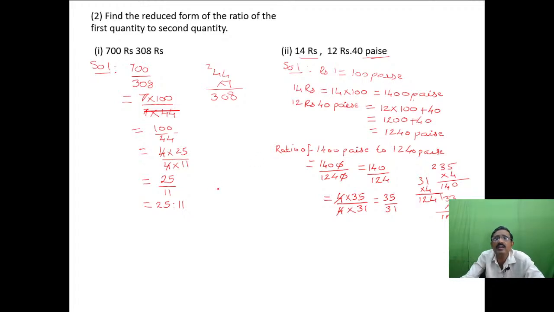Check whether we can reduce it further. If we can reduce it further, we will reduce it. But 5 7s are 35, 5 6s are 30, or the 7 times table, it will not go. So we get the reduced quantity as 35 is to 31.